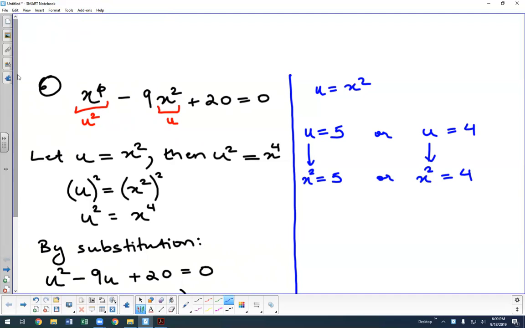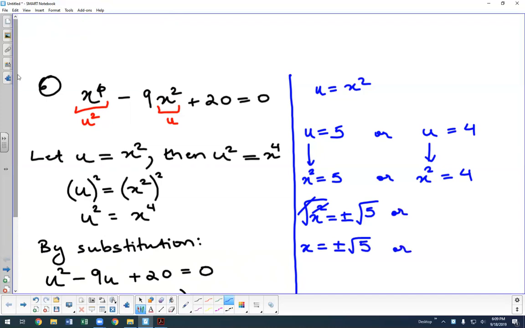Square roots. Yeah, very nice. Square roots. So you're going to have x squared equals, and if I take a square root here, remember that's going to be plus or minus square root of 5. So the square and square root cancel out on the left-hand side. We get x equals plus or minus square root of 5 here.